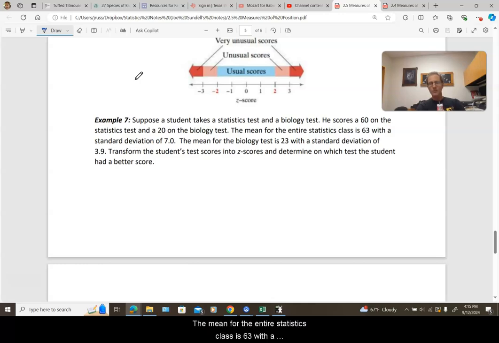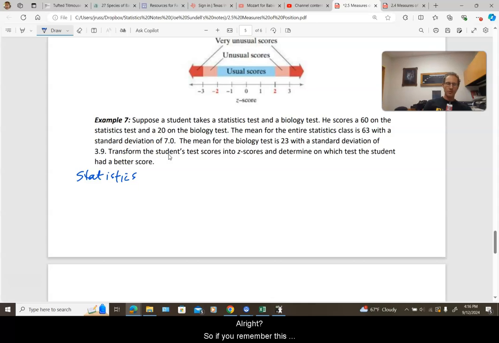The mean for the entire statistics class is 63 with a standard deviation of 7. And the mean for the biology test is 23 with a standard deviation of 3.9. What we want to do here is transform the student's raw test scores into z-scores and then determine on which test the student had a better score. All right, so let's do the statistics test first.